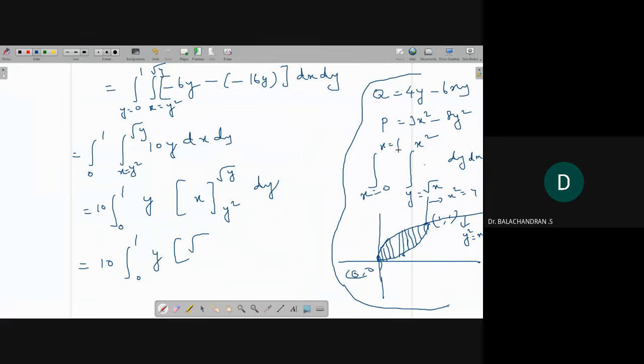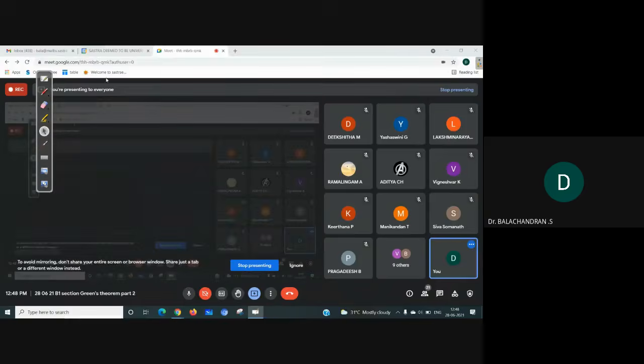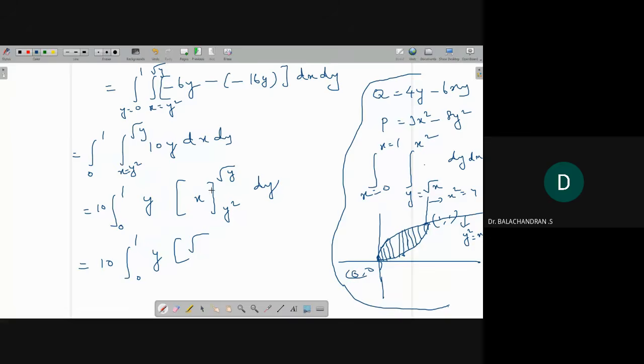Okay. So x is root y minus y square into dy. Now multiply by this y. So y power 3 by 2 minus y cube into dy.